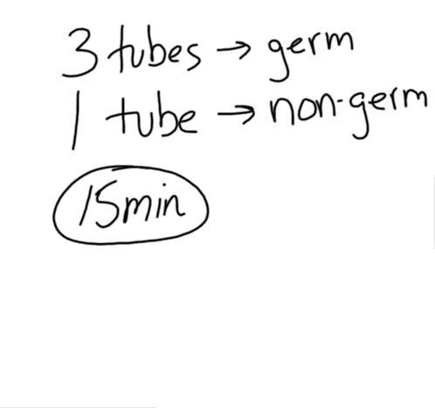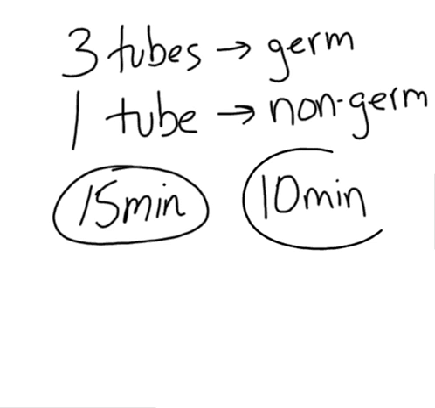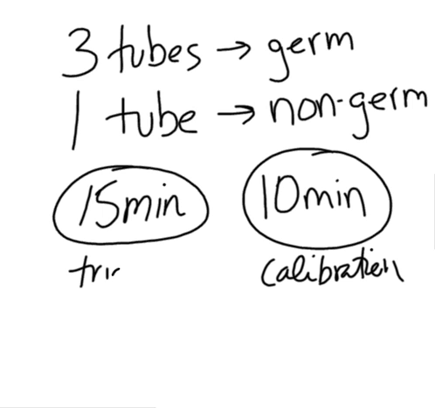Okay, but the one thing that we need to do in order to make sure that these 15 minutes count is we need to have about a 10-minute calibration period. Okay, so calibration, and then this is the actual trial. So your trial is going to be 15 minutes.